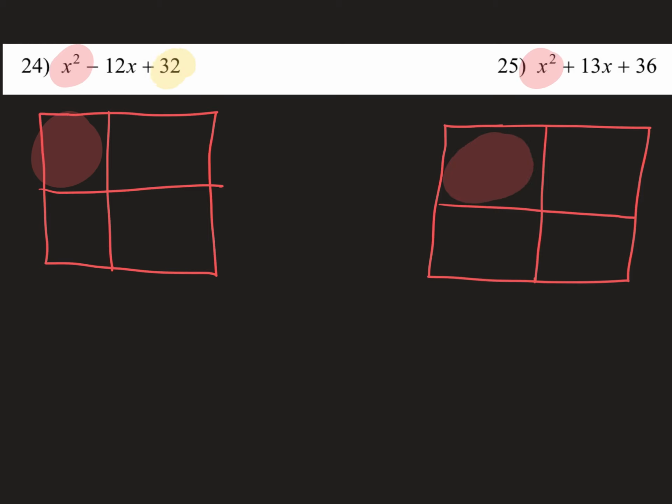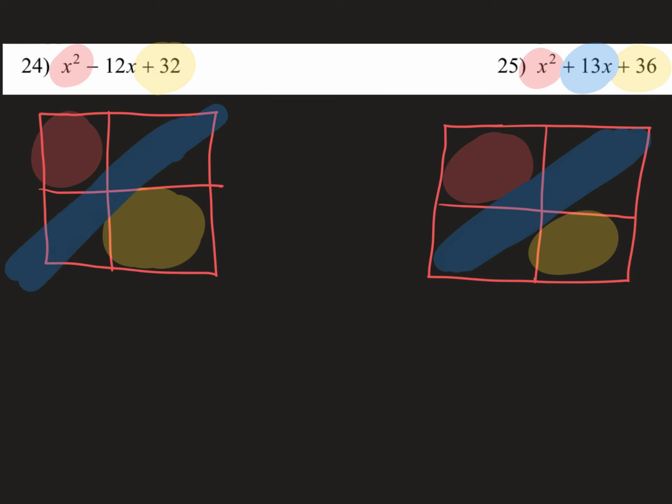In the last box is that last constant. In the middle, these two should add to give me this. These two should add to give me this. And our final answer will be on the top and the side.